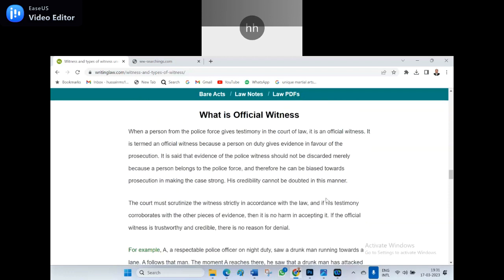So official witness, medical witness, expert opinion, medical witness, forensic witnesses, forensic report. Even the person who gave the report has to be present in court to give oral evidence also. Am I right? Yes, answer is yes.